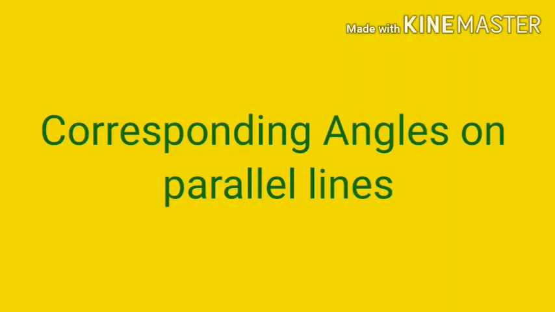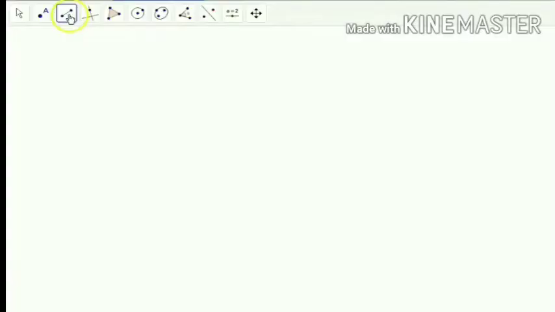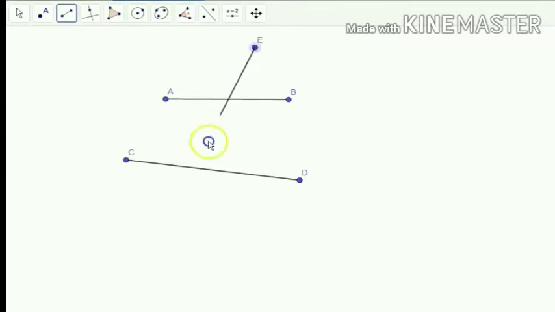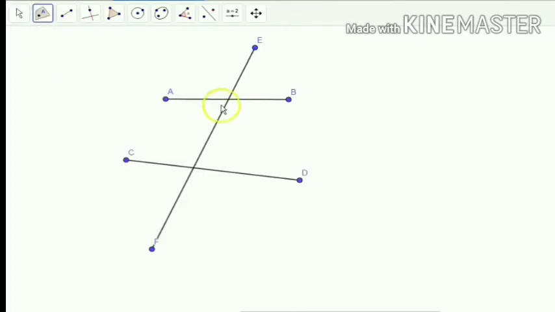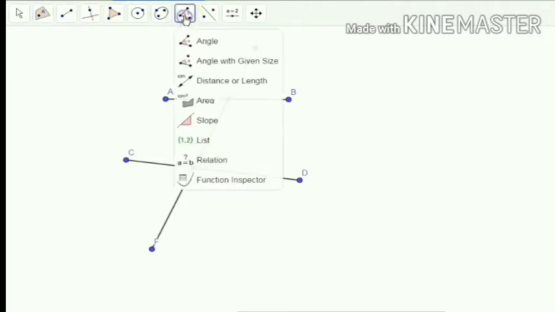Let's observe what happens to corresponding angles on parallel lines. Let's draw a line segment. Let's draw another line segment which is not parallel to the given line segment. Let's draw one more line segment which is a transversal, because it is intersecting both line segments at distinct points as we have marked.